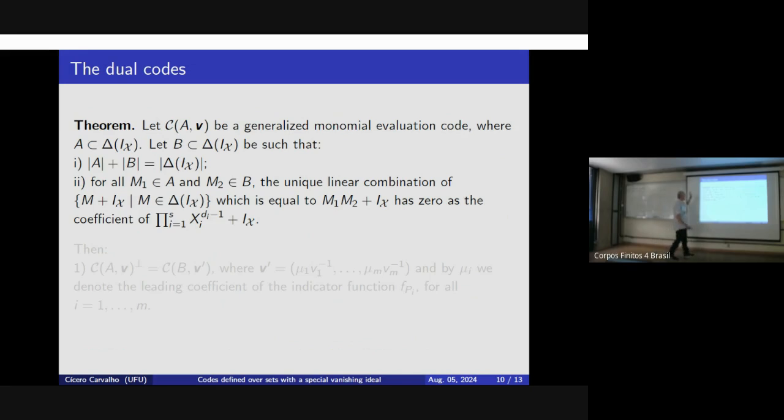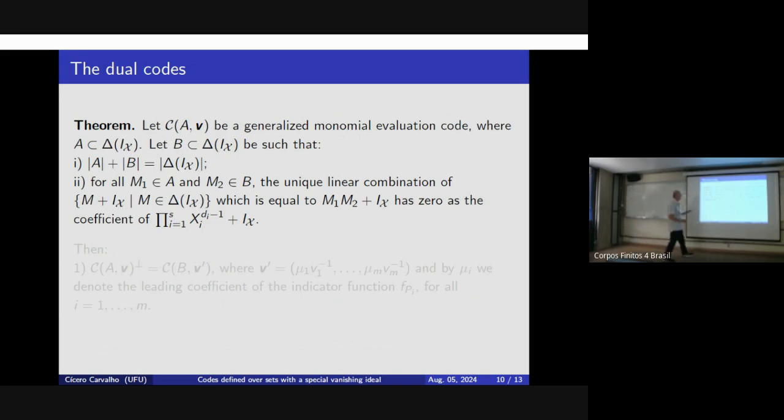If you take any monomial in set A and any monomial in set B, you can make the product and consider the class of the product. From Buchberger's result, you know that the class of the product is written uniquely as a linear combination of the classes of monomials in the footprint, and I want this product to have zero coefficient in this class, which is the class of the leading monomial of the indicator function.